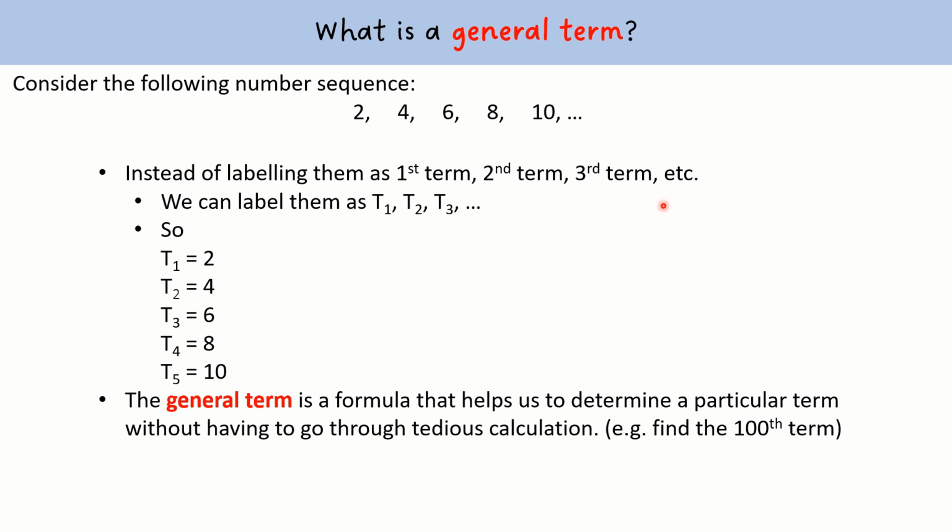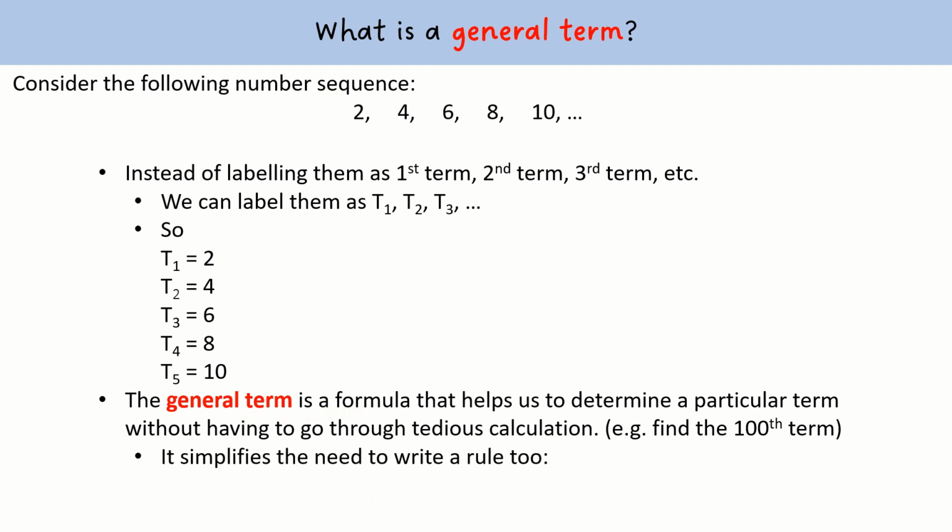For example, let's say I want you to find out what is the number found in the 100th term. While it may be easy for us to know in this particular number sequence that it will probably be 200, my question to you is, how do you know that it is 200? You probably have a formula in your head. That formula that you have in your head is what we call the general term formula.